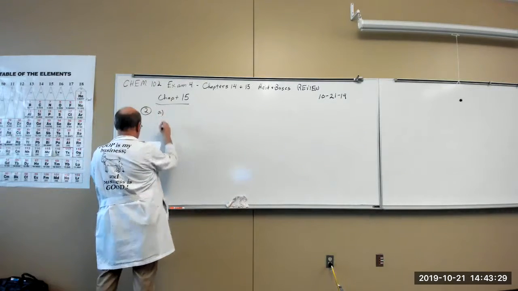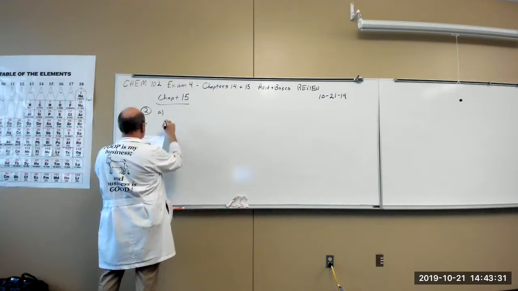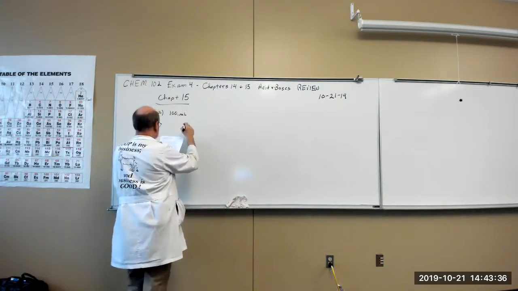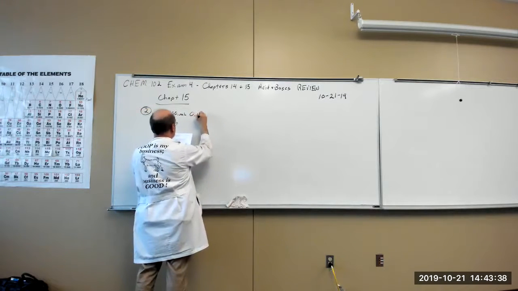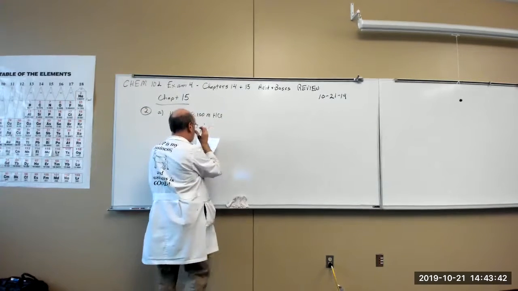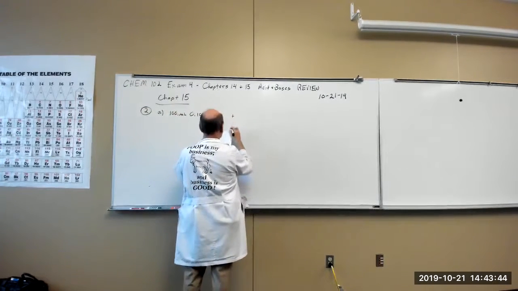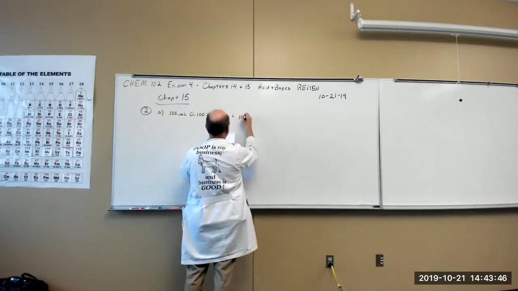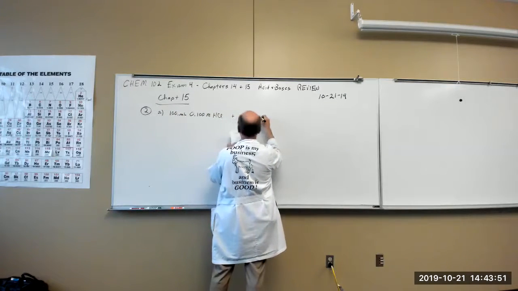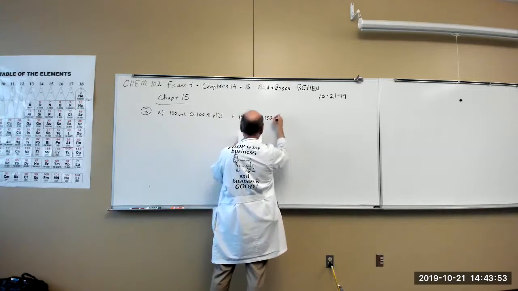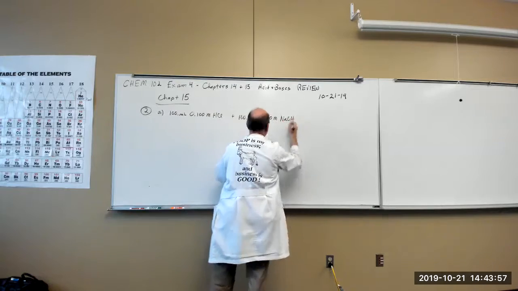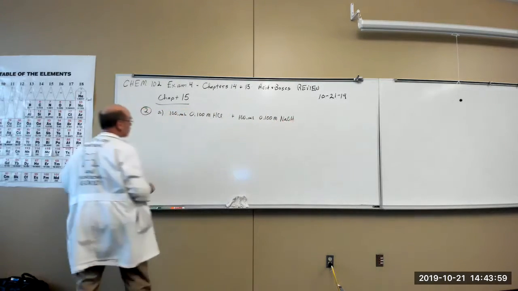So A is a mixture of 100 milliliters of 0.1 molar hydrochloric acid and 100 milliliters of 0.1 molar sodium hydroxide. Would that make a buffer?